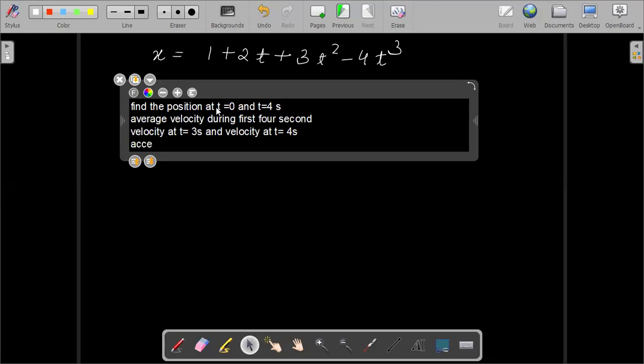Okay, Ishant, how many of these can you find out? Yes, sir. I can find the first one, average velocity and velocity, sir. Okay, so find it out.